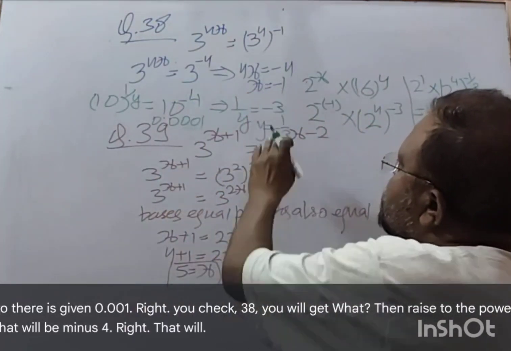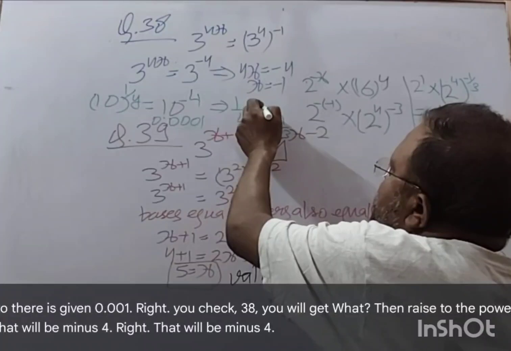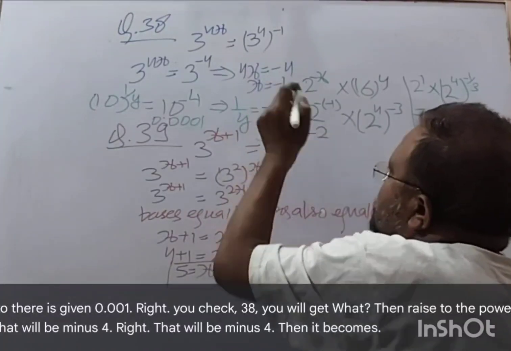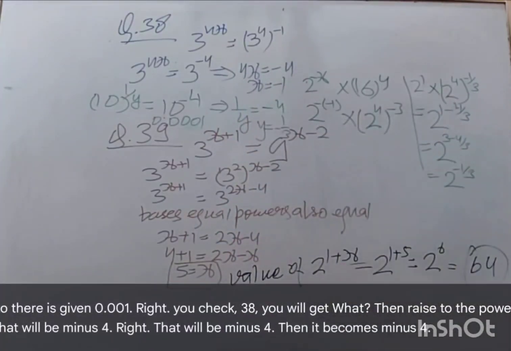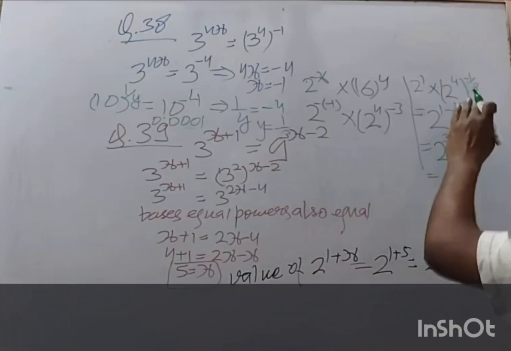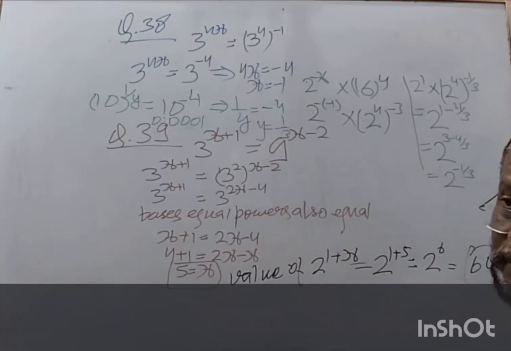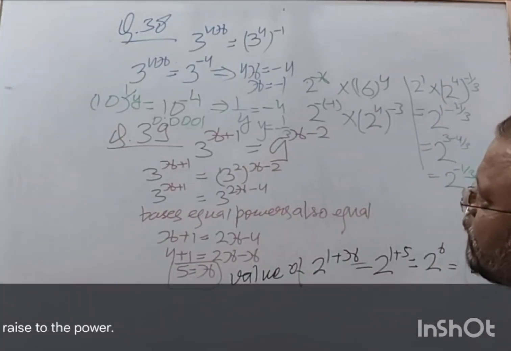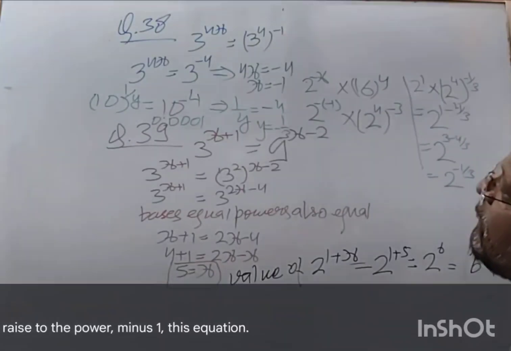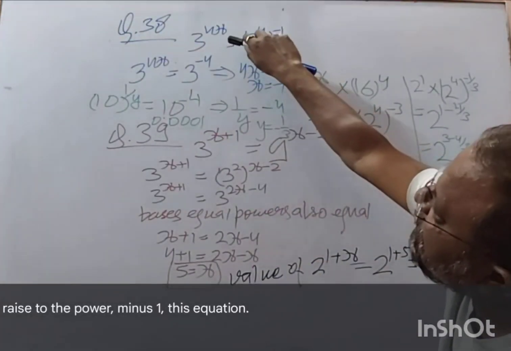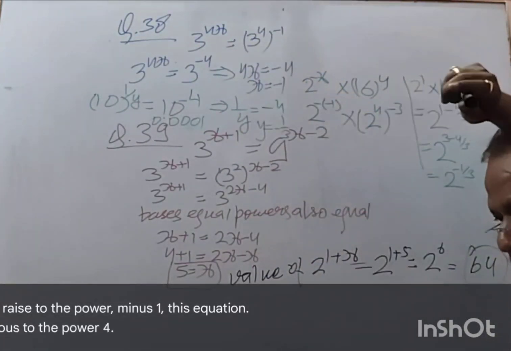For 81, I directly wrote 3 raised to the power 4x.